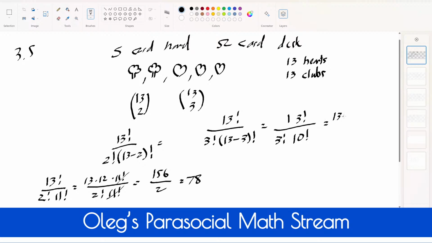Then we write 13 times 12 times 11 times 10 factorial over 3 factorial times 10 factorial. Scratch the factorials. We have 13 times 12 times 11 over 6. That's 1716 divided by 6. That's 286.